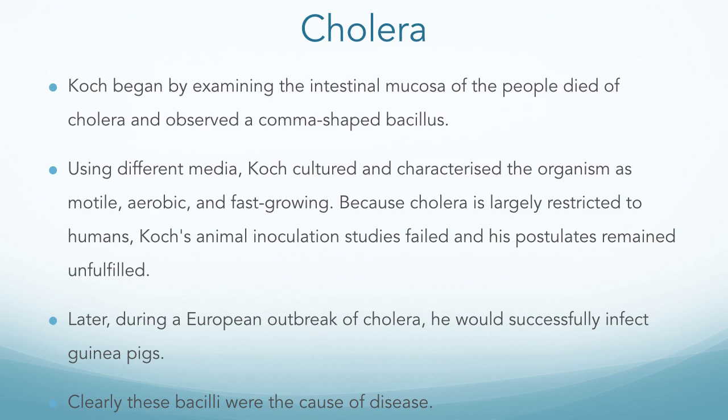Later, during a European outbreak of cholera, he successfully infected guinea pigs. He applied Koch's postulates and confirmed that the comma-shaped bacilli were the cause of cholera disease in animals and humans.